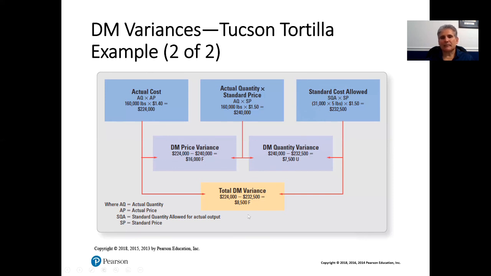That was masked by just simply looking at the $8,500 favorable variance. When we broke it down between a direct material price variance and a quantity variance, that tells us that we were at $7,500 unfavorable. I want to know why. Now we're going to look at our production people and say, what's going on? Why did we use more than what we expected?